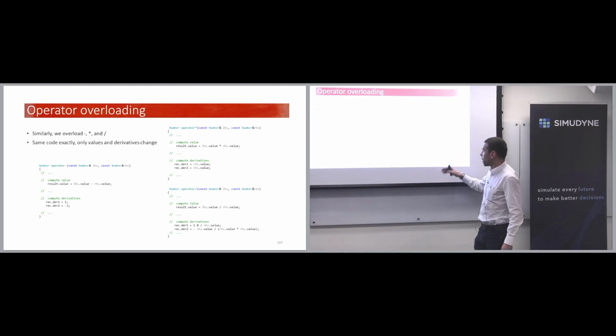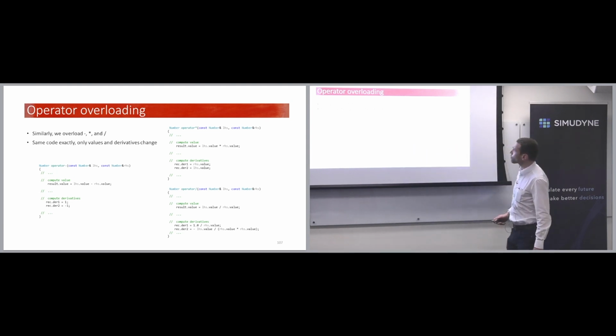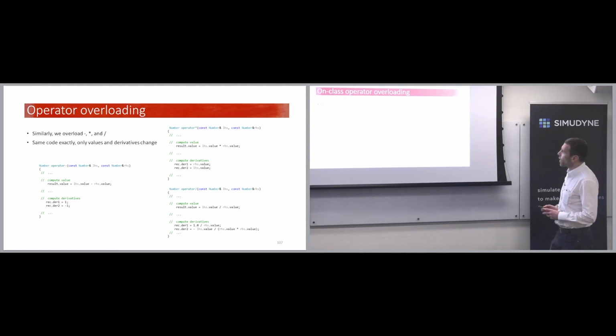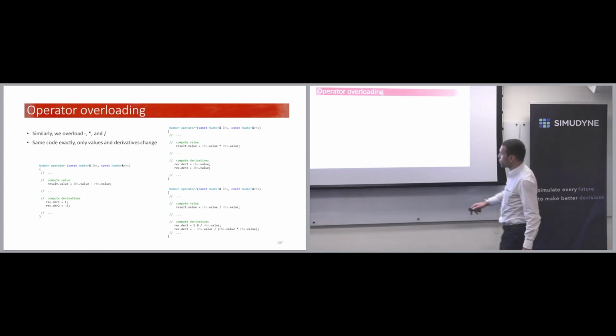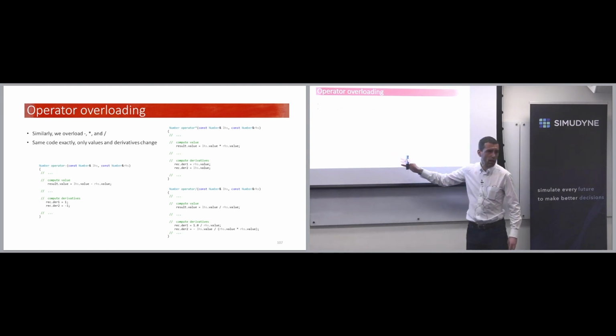Again, these are the partial derivatives with respect to the left and the right, so the numerator and the denominator. And this is obviously the value. Otherwise, the rest of the code is completely identical, yes?